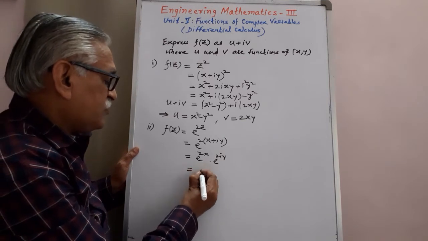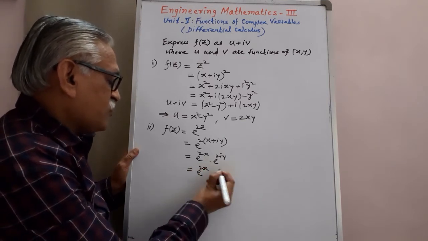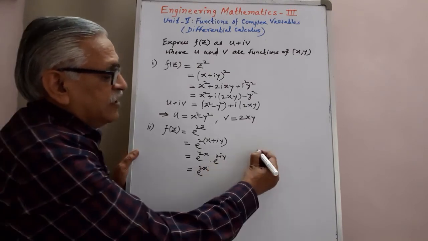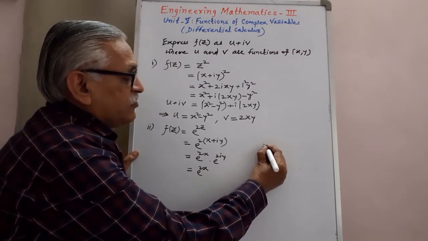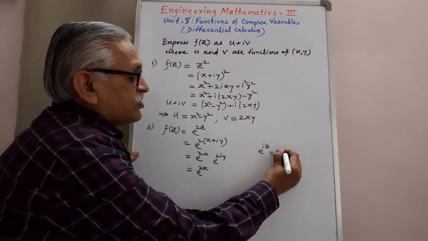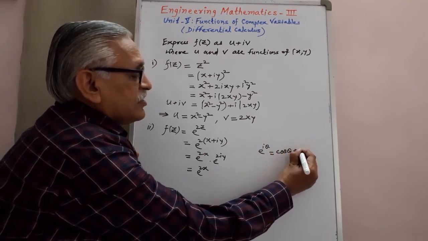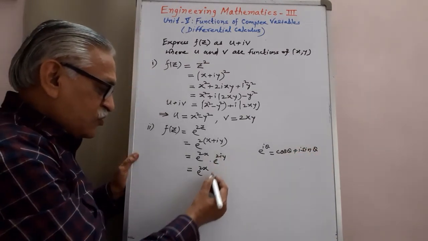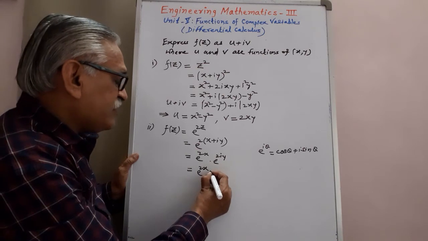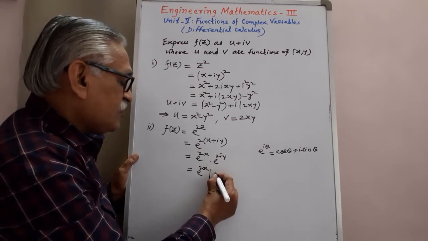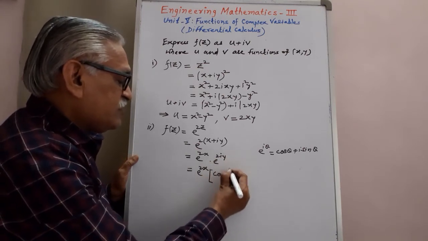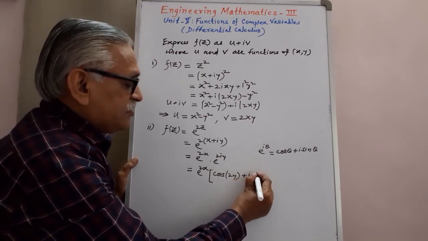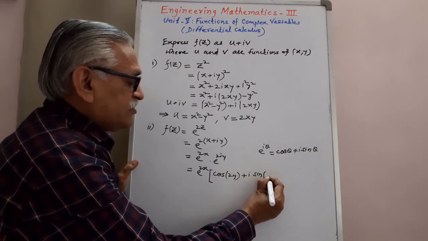It equals e raised to 2x as it is. We know that e raised to i theta can be written as cos theta plus i sin theta, and therefore e raised to 2iy I can write as cos of theta, theta is here 2y, plus i times sin of theta, theta is 2y.